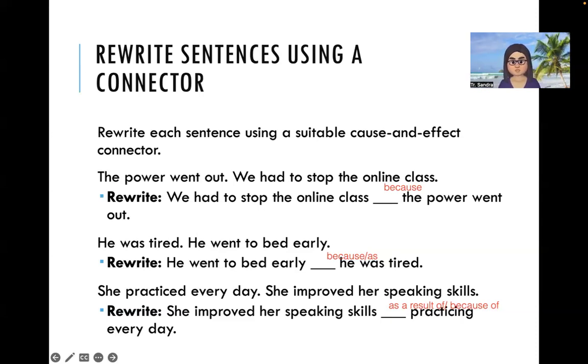It is quite okay in daily context. For example, she didn't come to class because she was feeling sick.